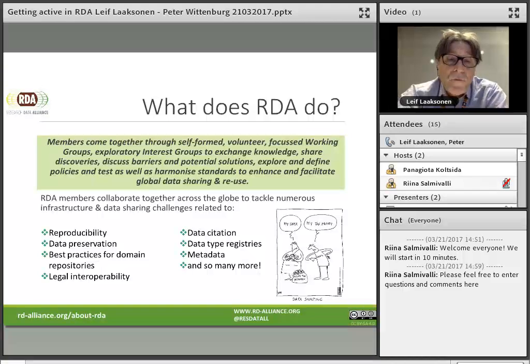There are lots of different subjects which are tackled. There are bullet points that mention just a few of them, but if you go to the website, you will see how wide the scope is today, and it's really, I think, one of the strengths of RDA, that attending an RDA event, you will have the opportunity to meet and talk to people with a very, very different knowledge or background than yourself.